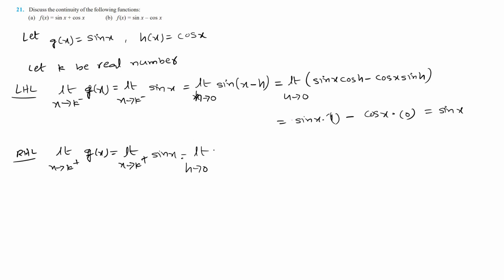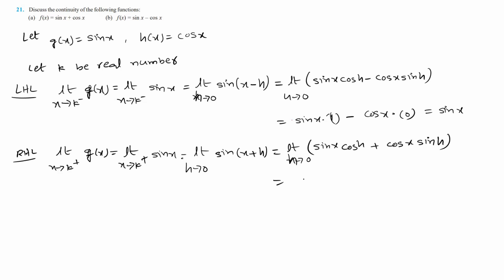Positive means this will become sin of x plus h. Here also the same formula we will use. Sin of a plus b is sin a cos b plus cos a sin b. So limit h tends to 0, sin x cos h plus cos x sin h.